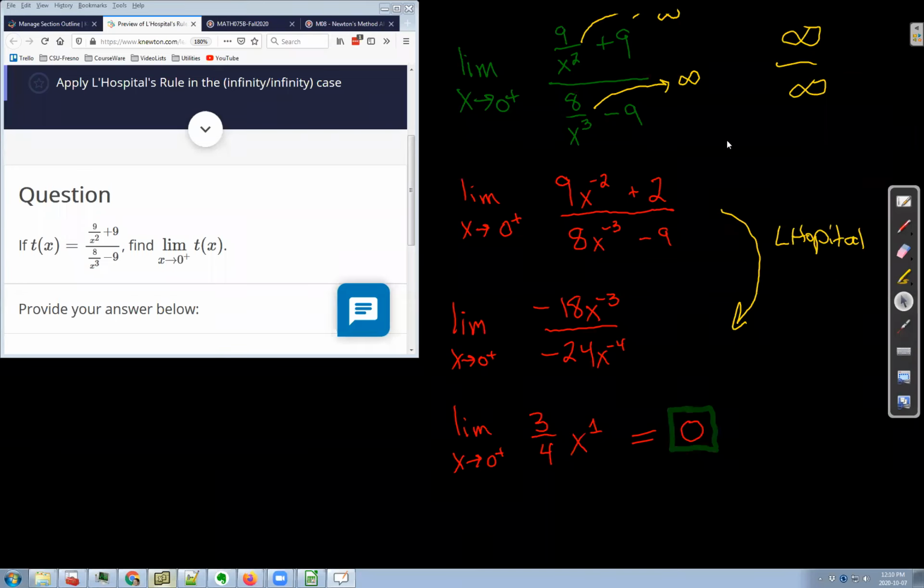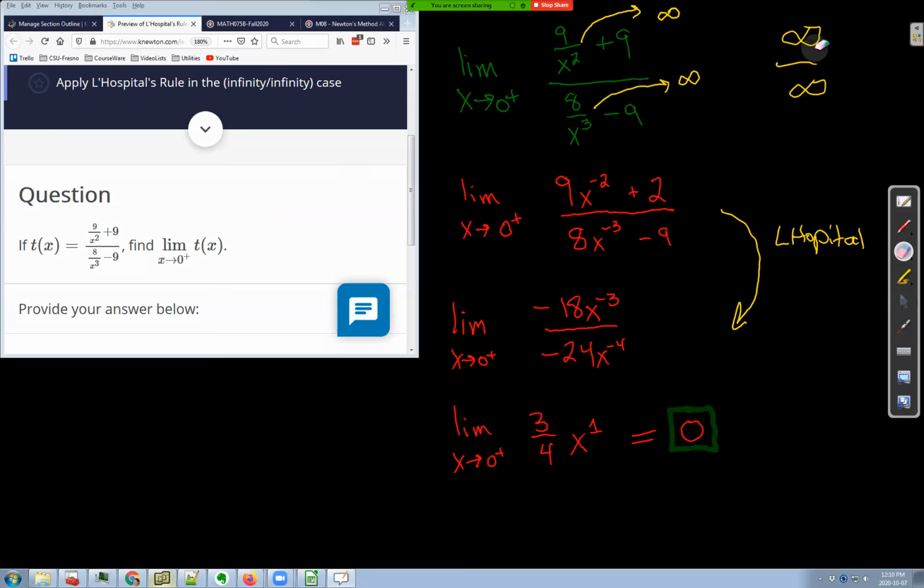When it comes to these straightforward L'Hopital's rule problems, the steps are, first, make sure that you have an indeterminate form. So make sure that you have either 0 over 0 or infinity over infinity. That's your first step.